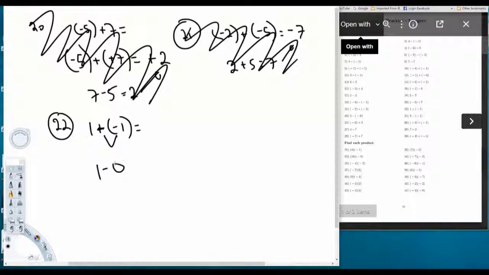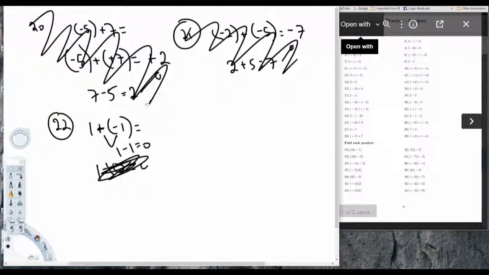So 1 minus 1 equals 0. Because what they're saying here is really positive 1 plus negative 1 equals. It's 1 minus 1 equals 0. There's no negative or positive because the signs are different, and they're both the same number. So we know, when you see that, you know it's going to be 0.